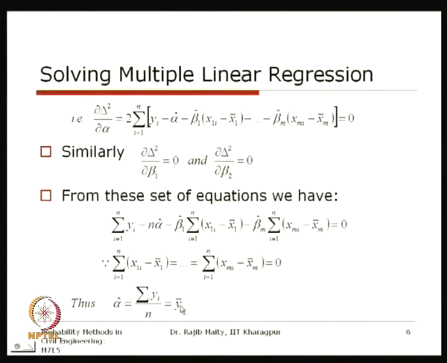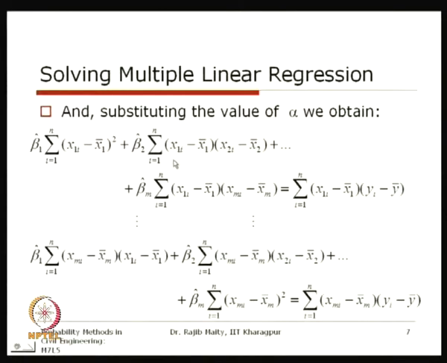Now, the remaining m equations are the partial derivatives with respect to all m betas, beta 1, beta 2 up to beta m, and there also we will get alpha. If we put the estimate of alpha back, we get a set of equations like this.